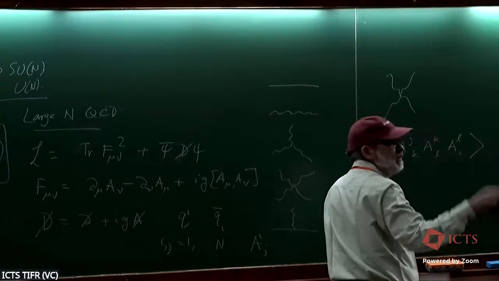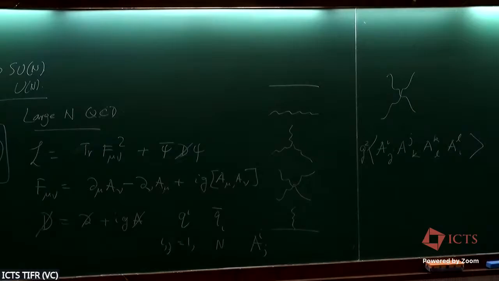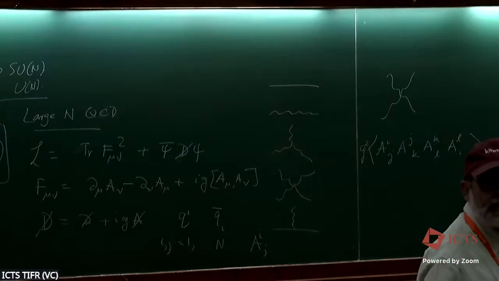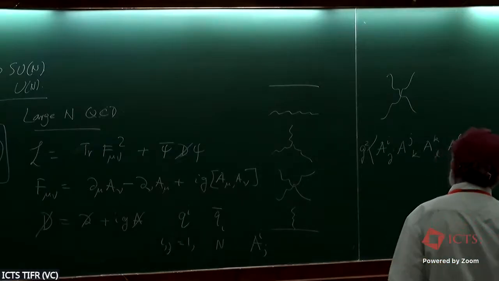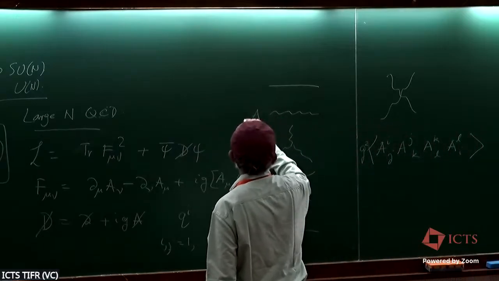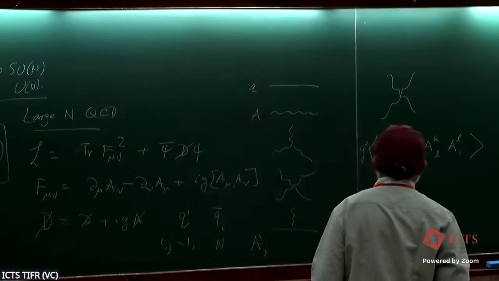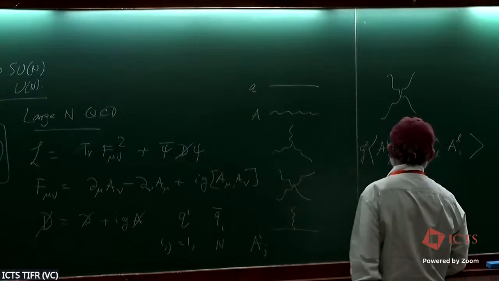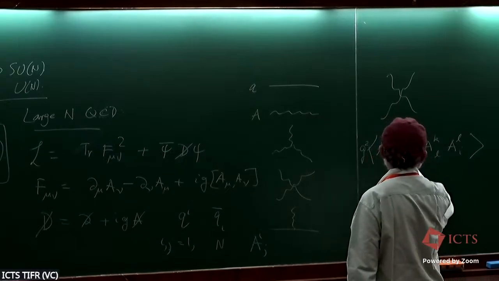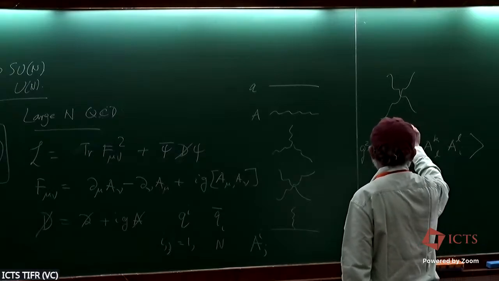That's my thing, and I'm going to now insert this in the path integral and evaluate. In other words, I'm going to take the expectation value of this. I have some propagator here for the A, and this is the propagator for the Q. Now I can use the A propagator to contract them, such as this, let's say, and this.